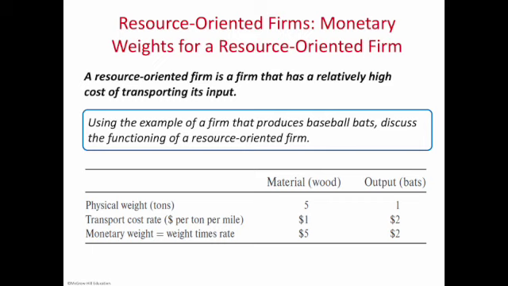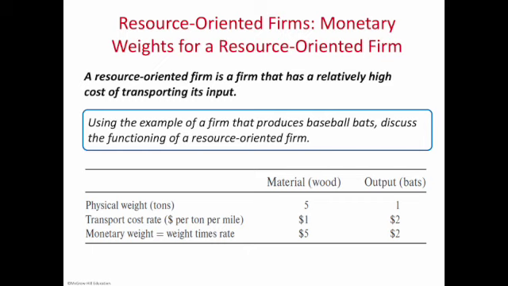A table lists the monetary weight of the material, wood, and output, bats. Data from the table, in the format transport feature, material (wood), output (bats), are as follows. Row 1. Physical weight, tons: 5, 1. Row 2.